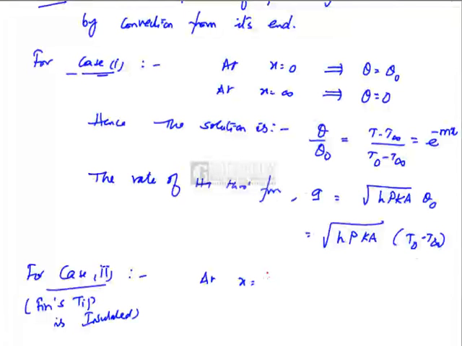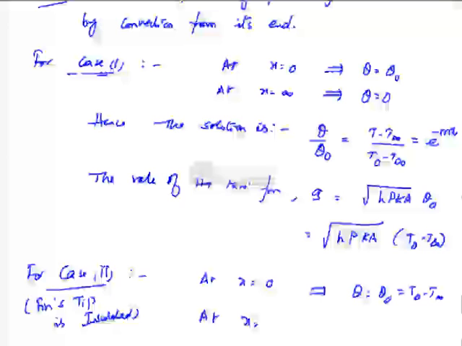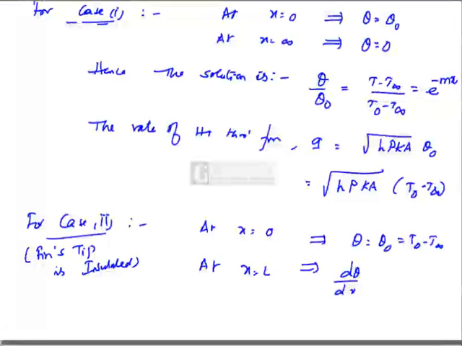At x is equal to 0, theta is equal to theta naught, that is T naught minus T infinity. At x is equal to L, d theta by dx is 0, because dT by dx is 0 at x is equal to L, because the fin tip is insulated.